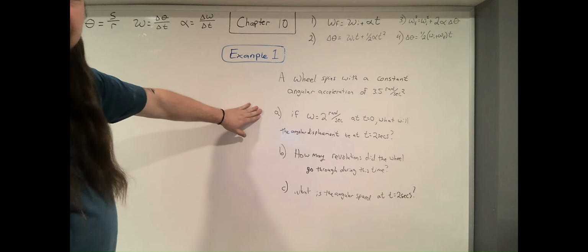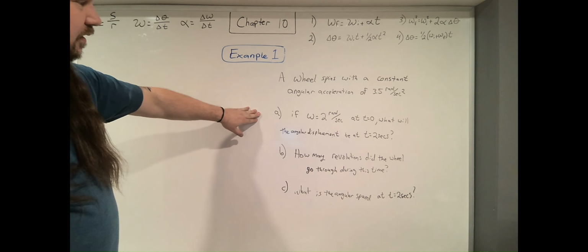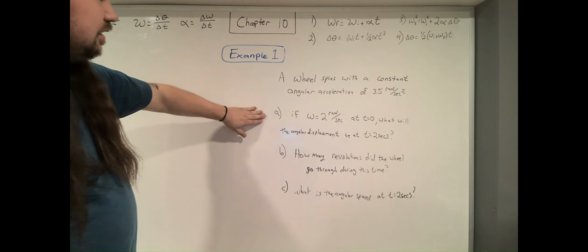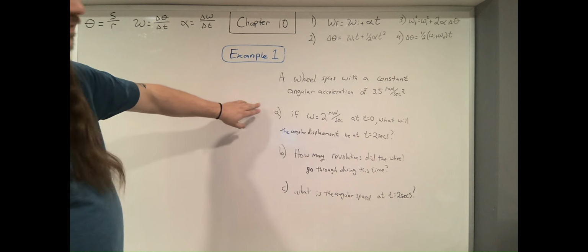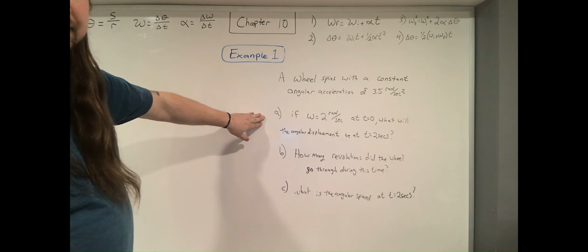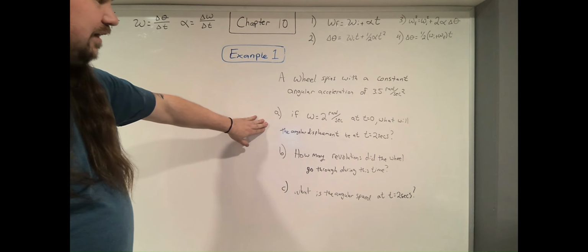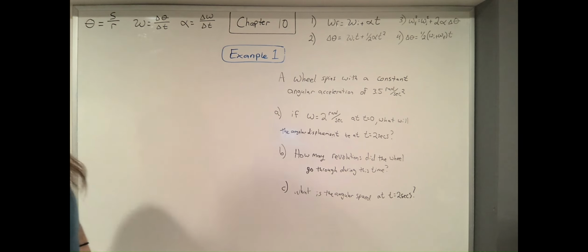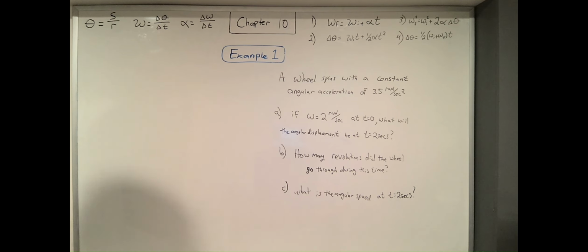We deal with radians when we deal with angular. Part A says if w, so that's the angular speed, if the angular speed is 2 radians per second at t equal to 0, what will the angular displacement be at t equal to 2 seconds? So when we have these, does it sound kind of familiar? We're given some numbers, we're given times, we're given speeds, we're given accelerations.